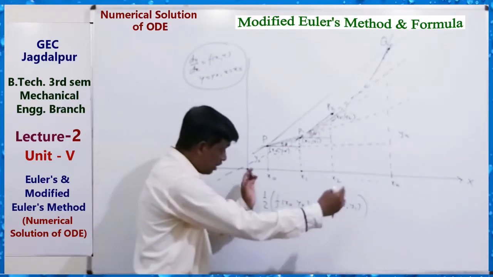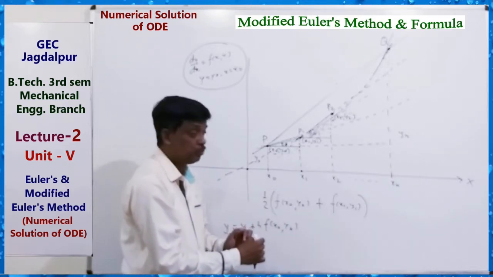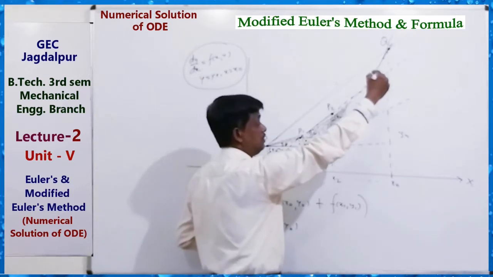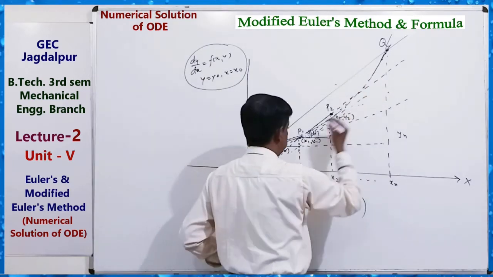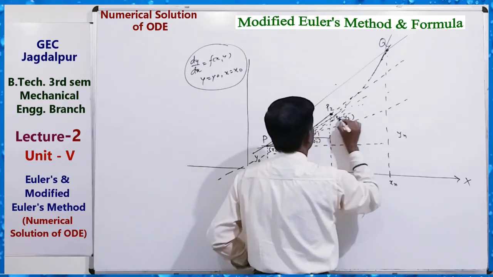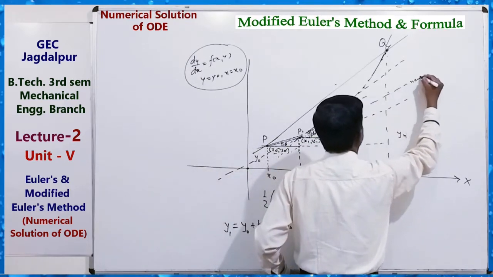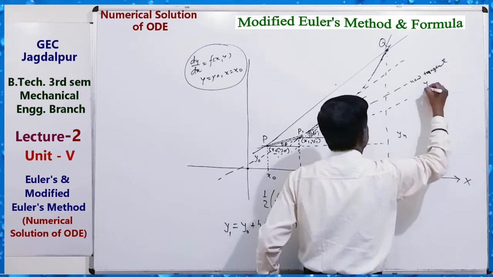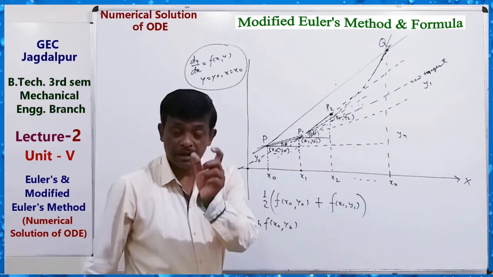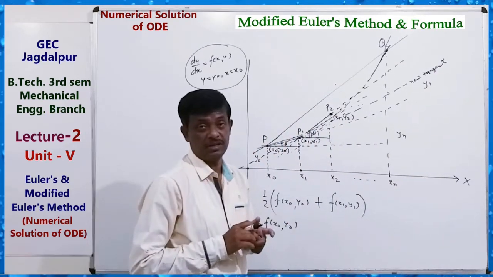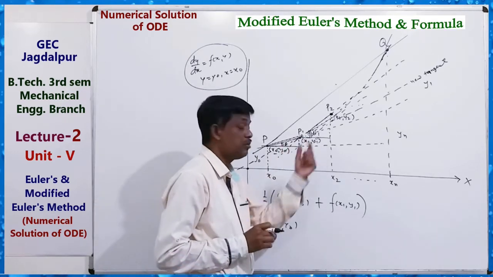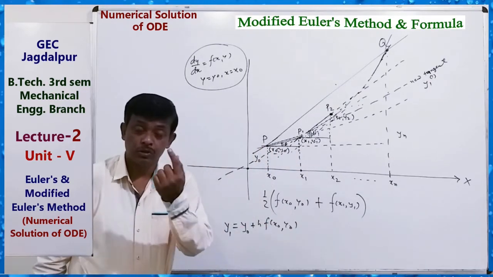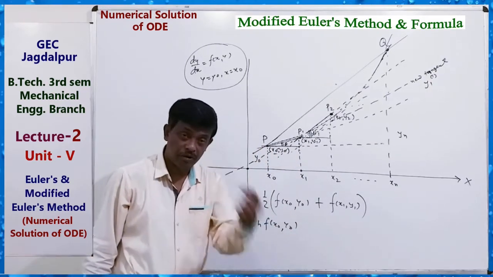And now by taking the average of these two, we can get a new tangent. Clear? From in between, this new tangent gives us the approximation of y1 again by a modified slope, by a modified formula.